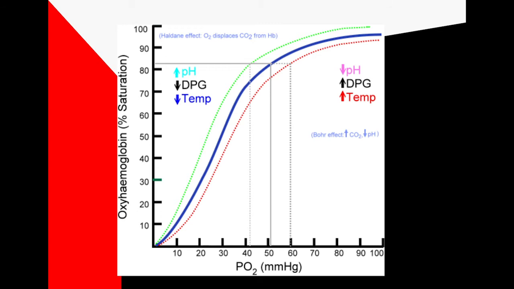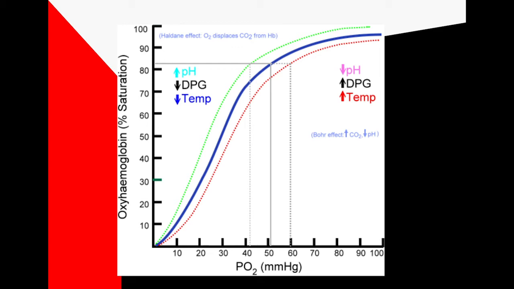This is the oxygen dissociation curve, where you can see that patients do tolerate hypoxia pretty well in real life. This PO2 of 50 millimeters is about 7 kilopascals.